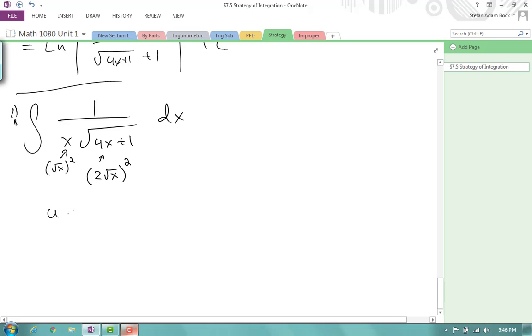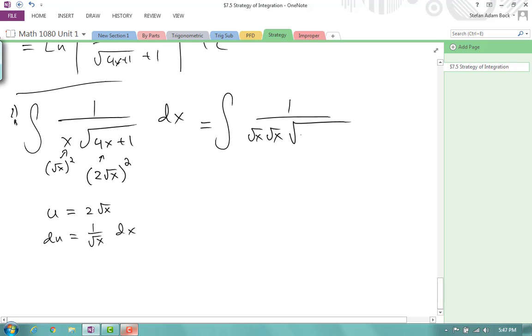So I could say, oh, well, I'll let u be equal to 2 root x. Then my du is equal to, well, 1 over the square root of x, dx. And so when I make that substitution, let's be careful with this. Square root of x, square root of x, square root of (2 square root of x) squared plus 1, dx. That's what I had suggested.